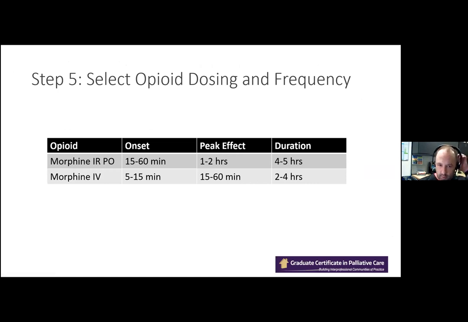So when planning both the dose in terms of amount and frequency, it's important to understand what's going on pharmacologically. We'll look here at morphine, but it's similar for hydromorphone or oxycodone.